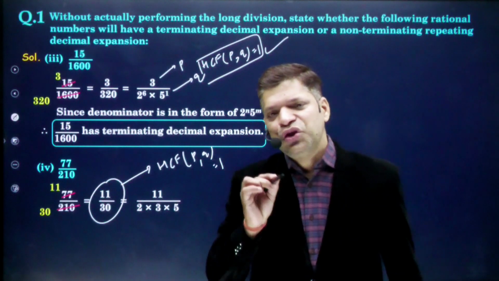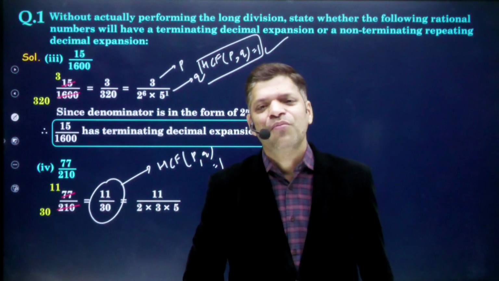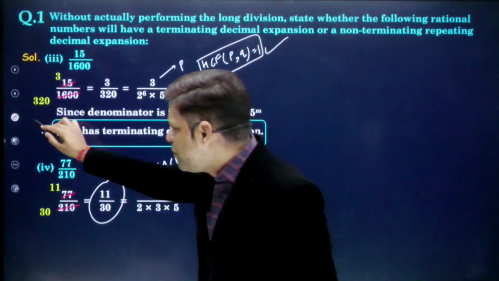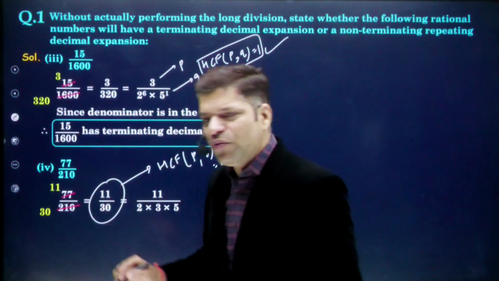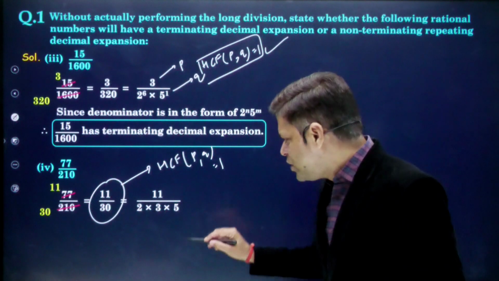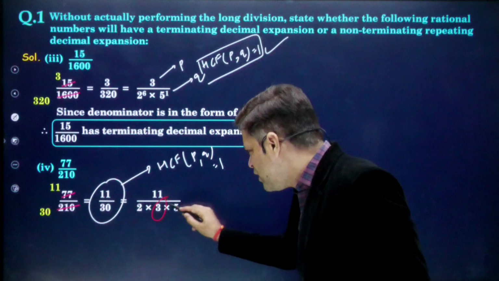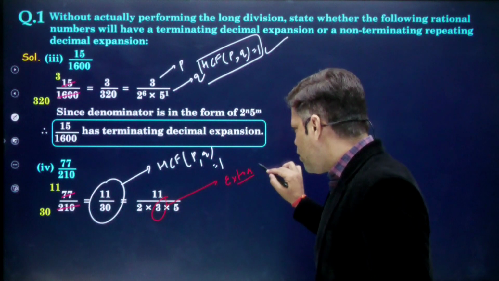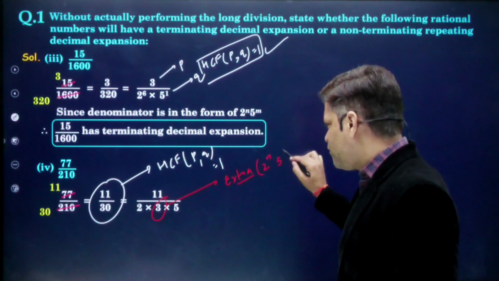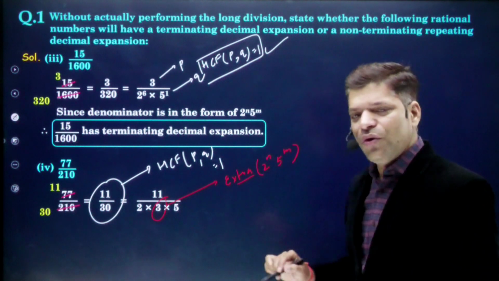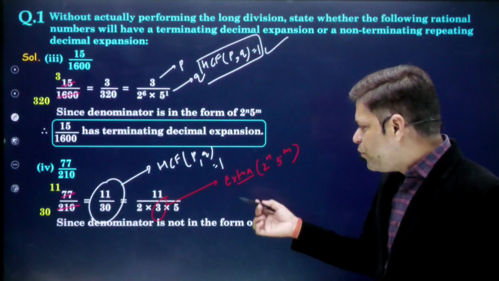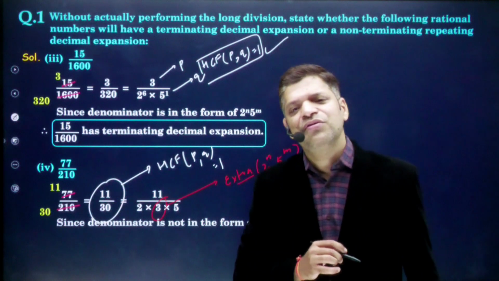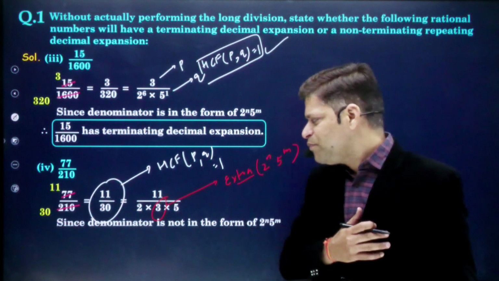But q is not in the form of 2 raised to the power n, 5 raised to the power m, because in the denominator the number 3 is extra, which is not in that format.